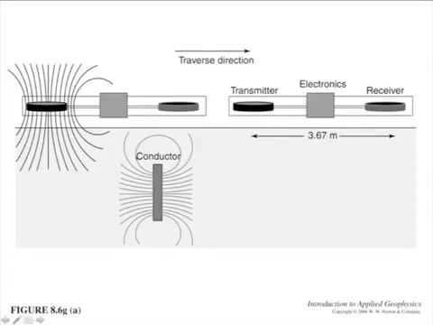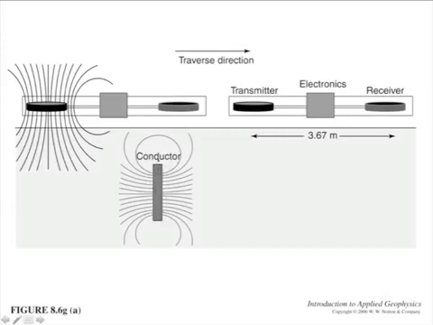So this is a cross section. We're looking into the ground down here. We're carrying the transmitter receiver pair above it, and we're making a traverse. We'll start on the left side and traverse over to the right. This is a coin-shaped conductor that we're looking at the edge of.